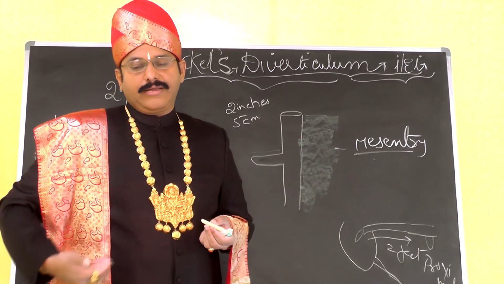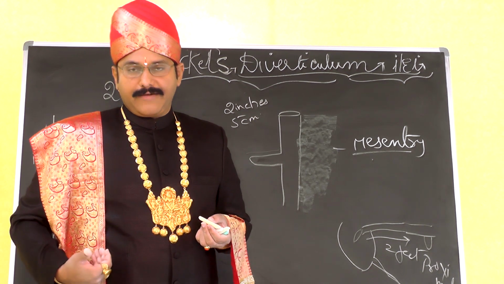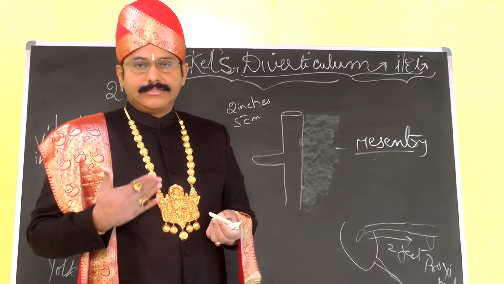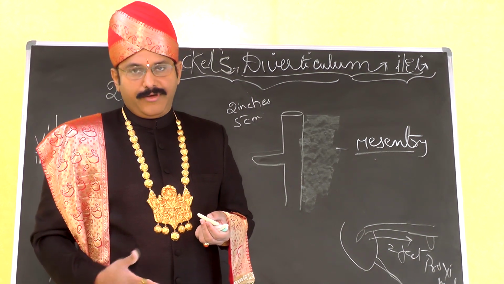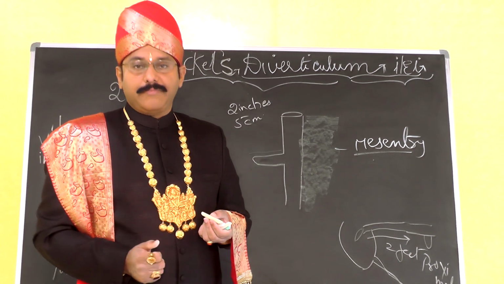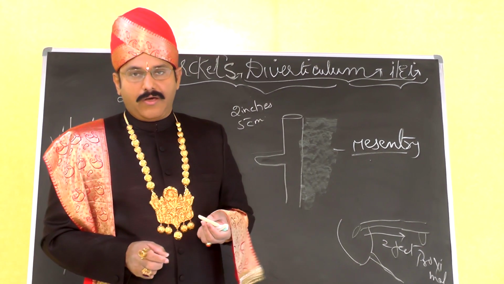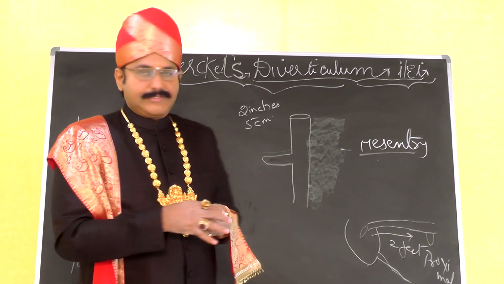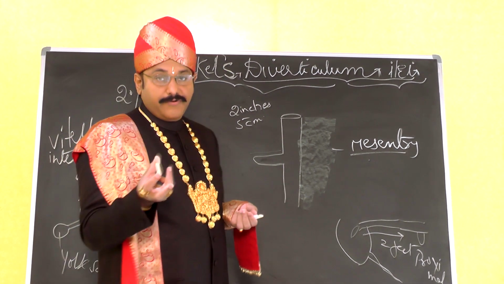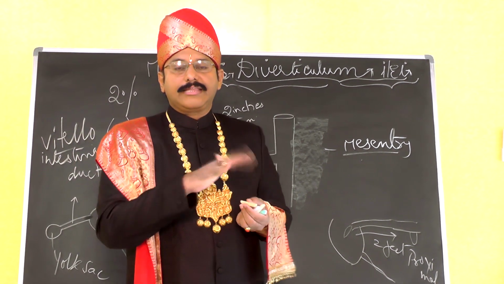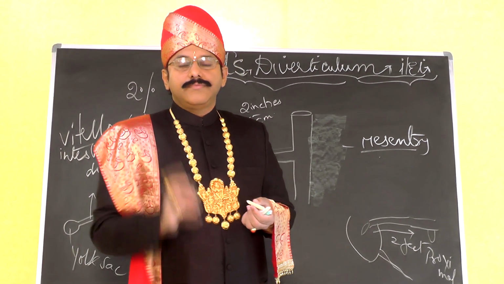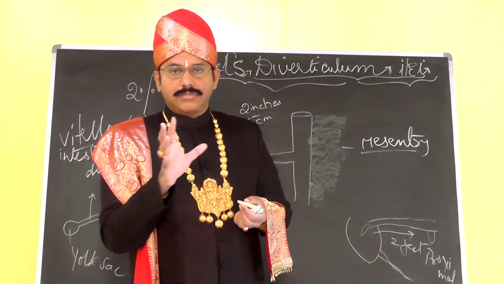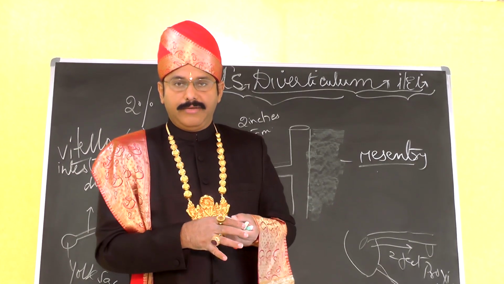Later on, the pain is localized in the right iliac fossa, and then there is guarding and rigidity of the abdomen. And when you touch McBurney's point, there is severe pain, right? So here the patient can have those symptoms. You're understanding? So we have to find out whether there is any problem.